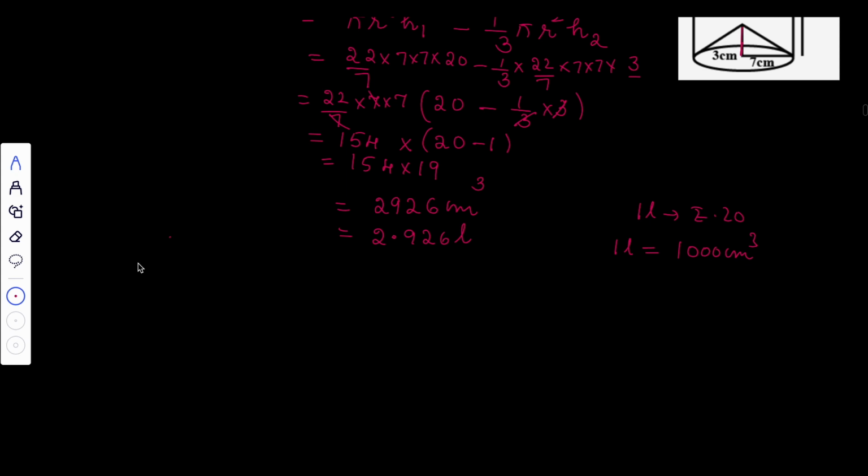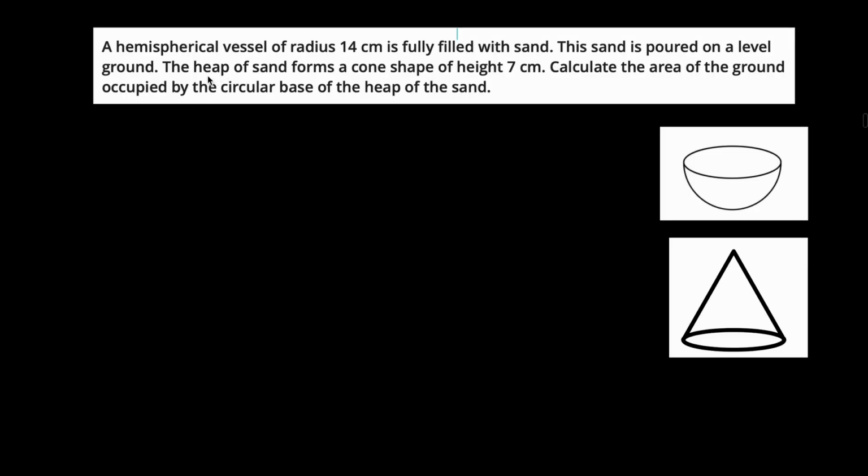Now we want to find the cost. Therefore, the cost of milk per liter is rupees 20, so 2.926 into 20, and when we multiply, we get rupees 58.52.